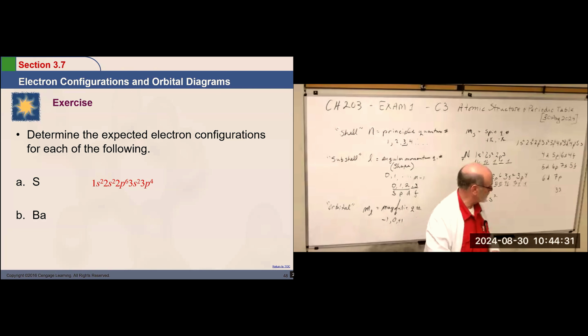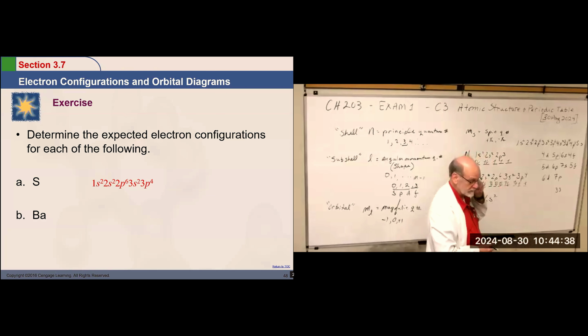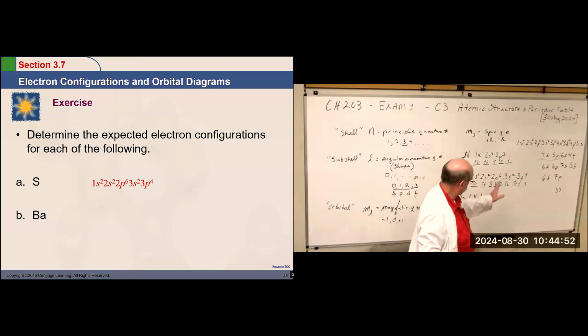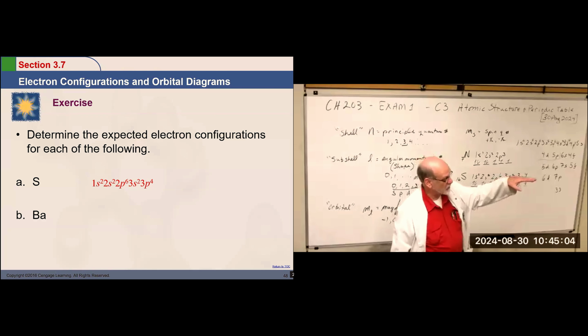Because in chemical reactions, we're really only interested in these electrons out here, valence electrons. The highest principal quantum number tells you how many valence electrons you have. So 3 tells you 1, 2, 3, 4, 5, 6. Sulfur has 6 valence electrons. Those are available for reaction. These are not. Those are core electrons. So barium has only 2 valence electrons. And strontium only has 2.